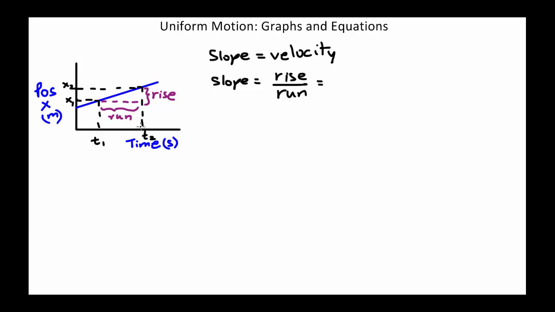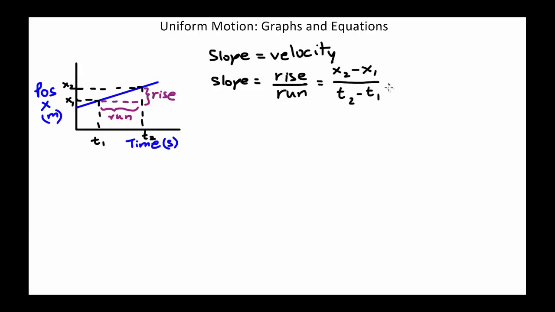So if I subtract x1 from x2, I get my rise. So that's simply x2 minus x1. And then the run similarly is nothing but this entire horizontal length, which is t2 minus t1. That'll give me the run. So I've got t2 minus t1 in the denominator.